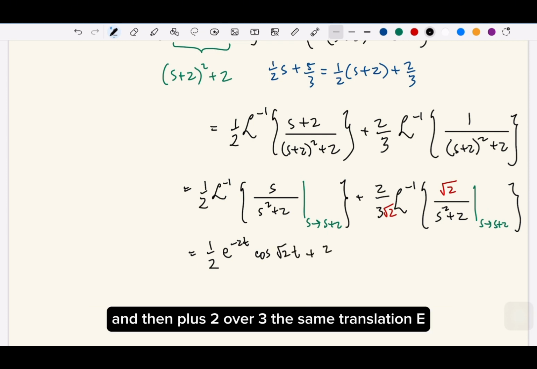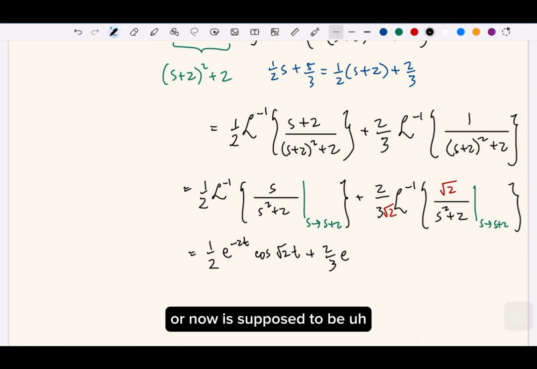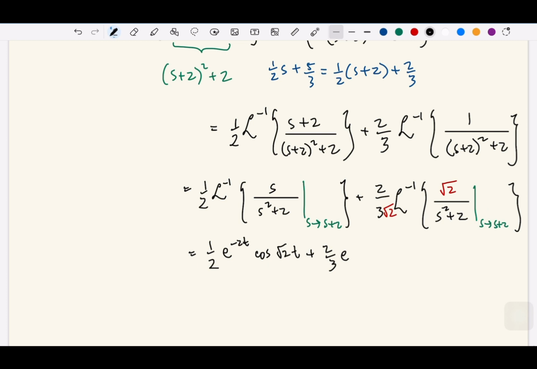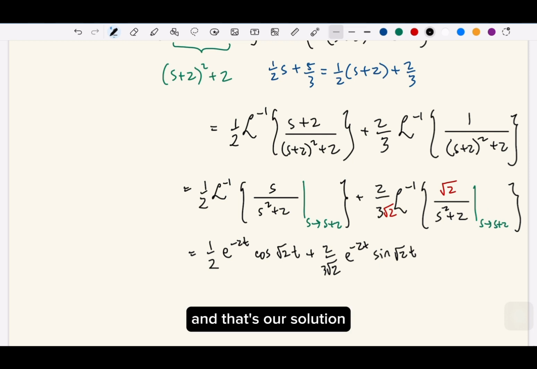And then plus 2 over 3, the same translation, and now it is supposed to be the square root of 2, sorry, e to the negative 2t sine, and that's our solution.